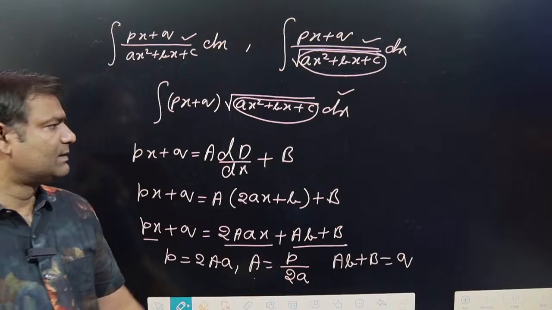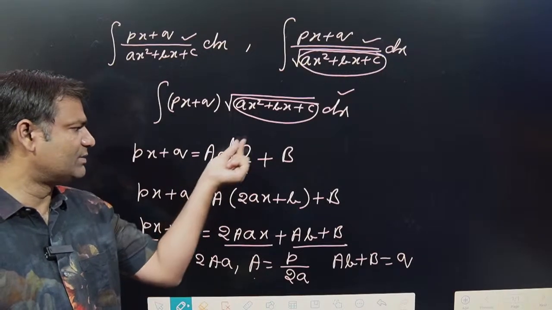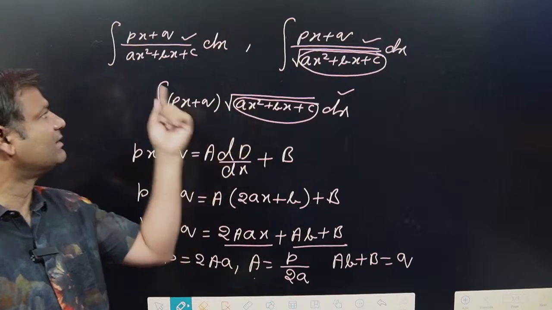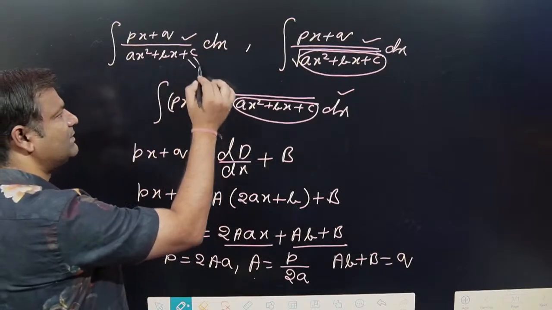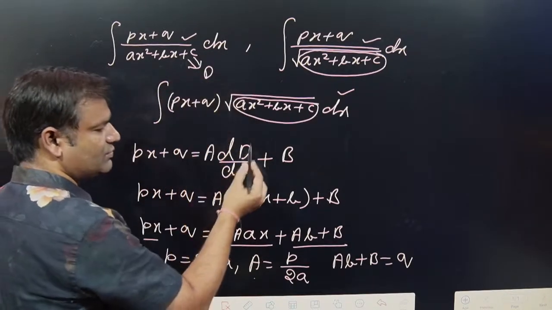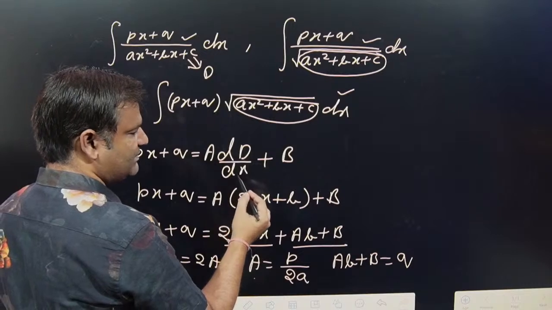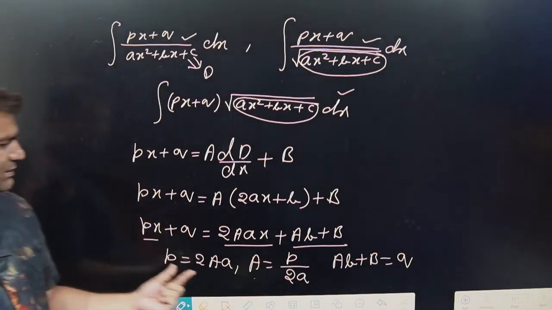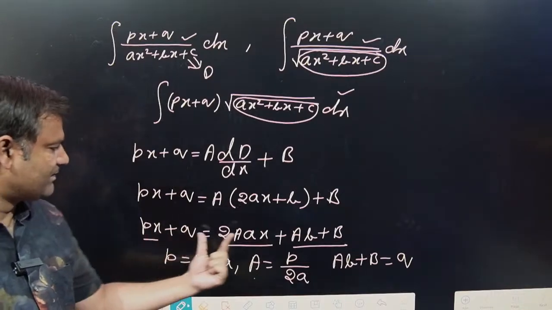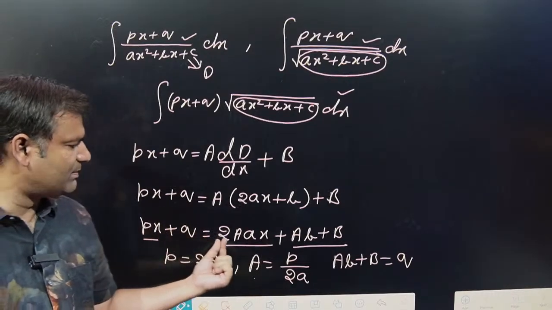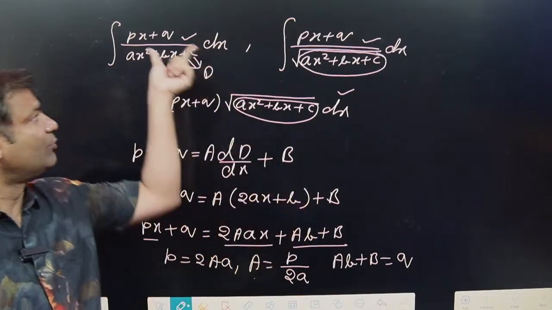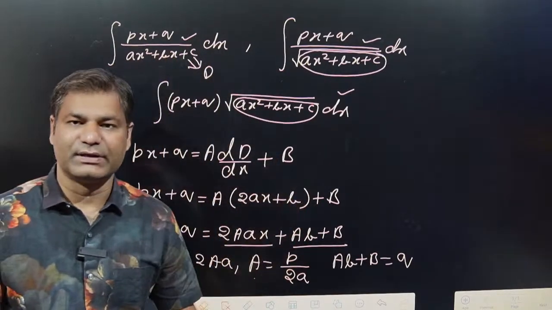So differentiate, this one is called D, capital D, with respect to x plus B, and after that compare, and finally px plus q is replaced by A into something plus B, and that value put here, and after that integrate.